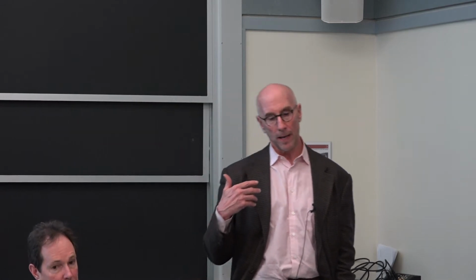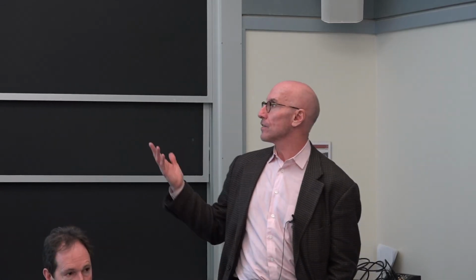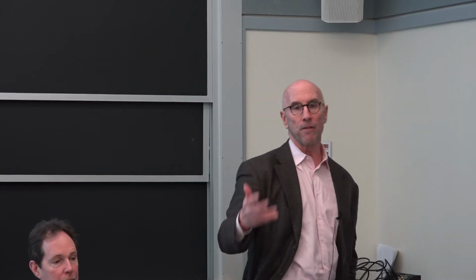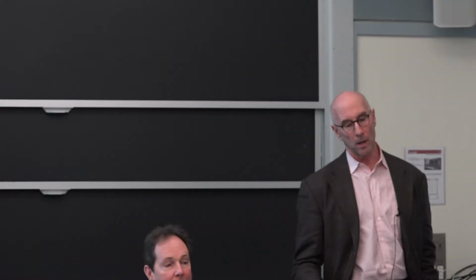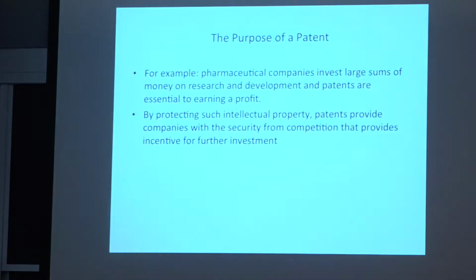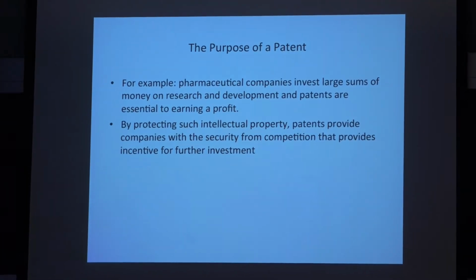It provides them with an incentive to do research, to expand knowledge, to innovate. Patents are like any other form of intellectual property. They provide the monopoly that provides the incentive to monetize and get your return on investment.